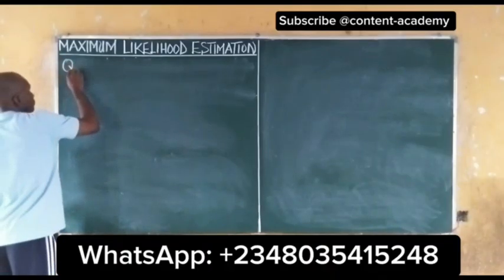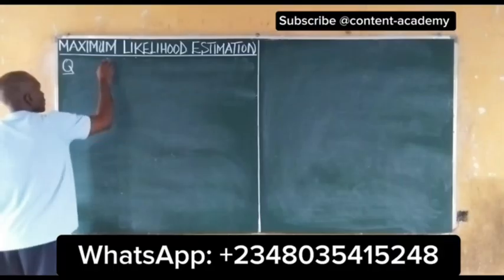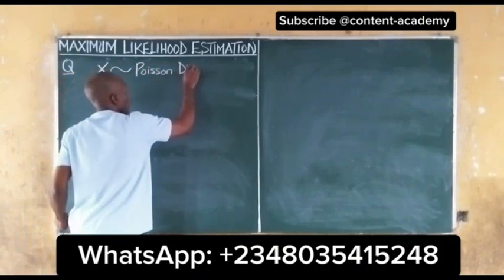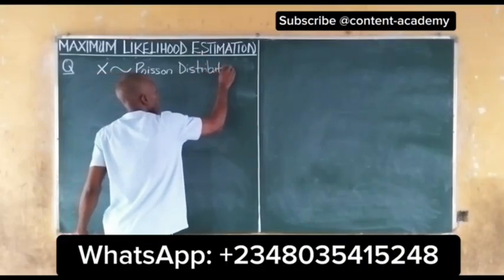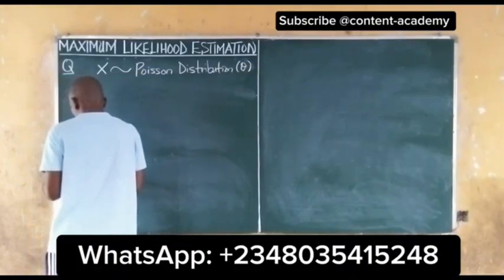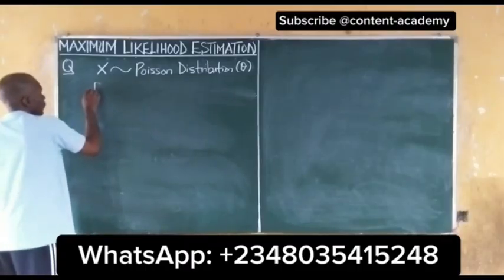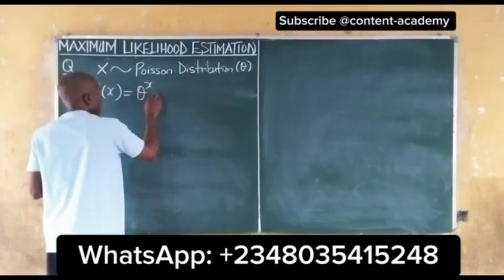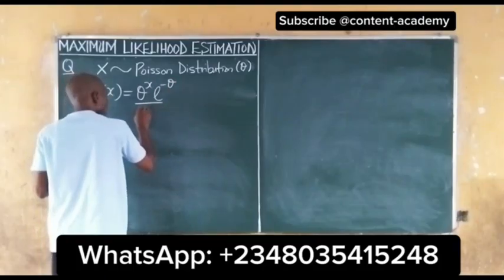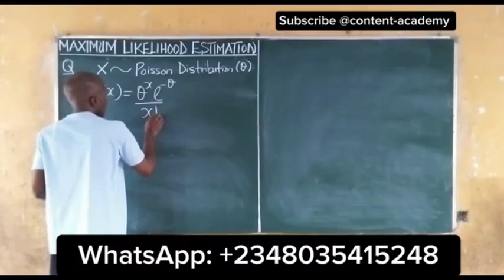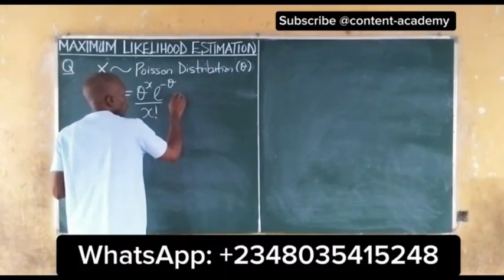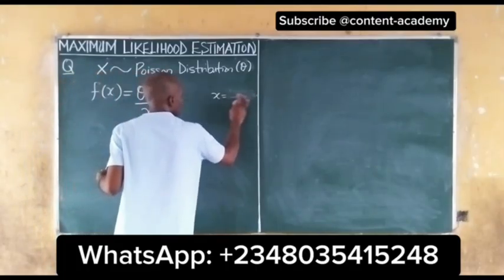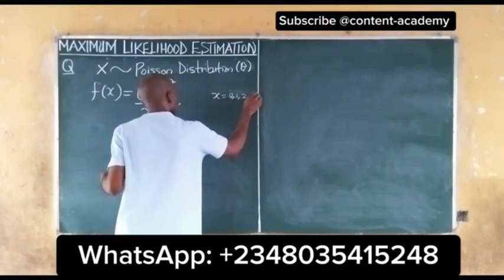Our next question, question 2. If x follows a Poisson distribution with parameter theta, and we are given the PDF to be equal to theta to the power x, exponential negative theta, all over x factorial, where x is equal to 0, 1, 2, and it continues.